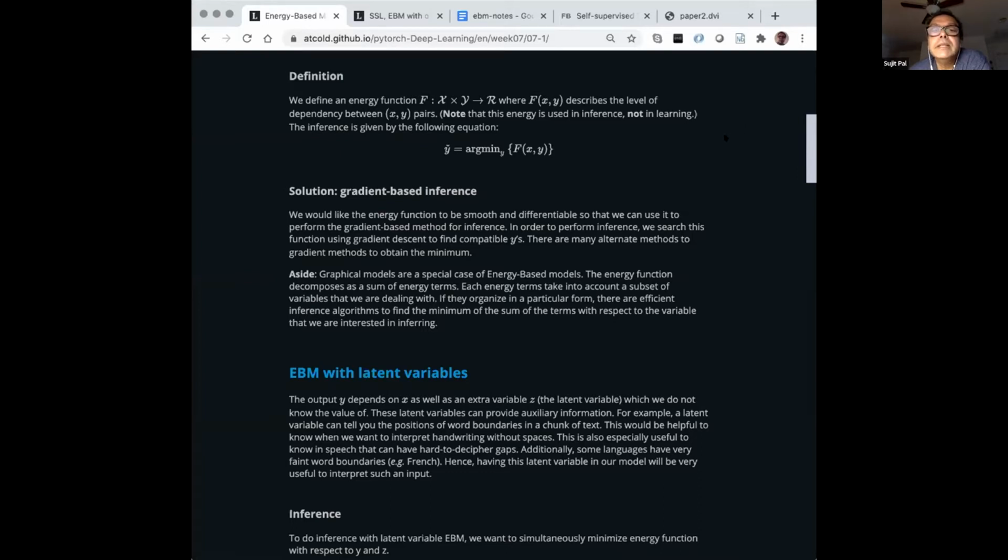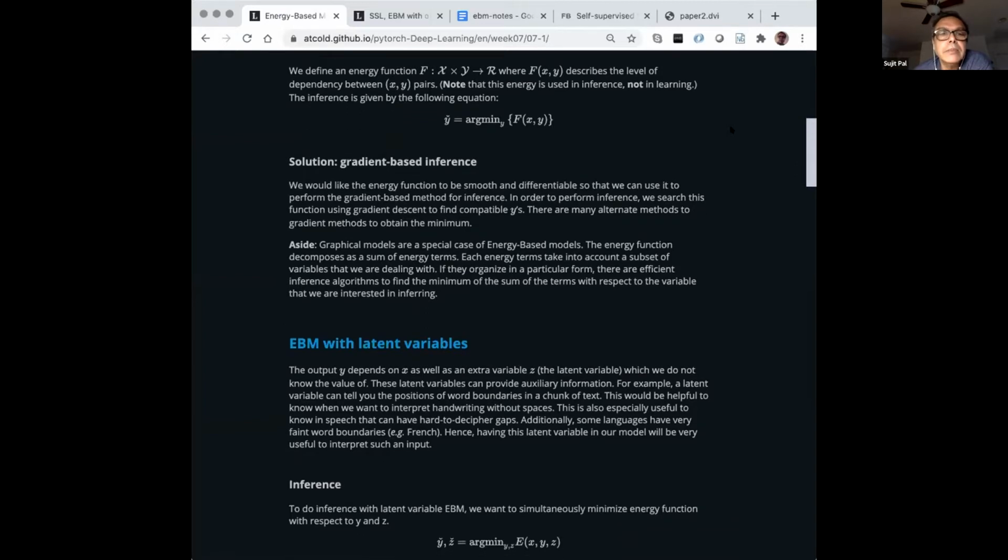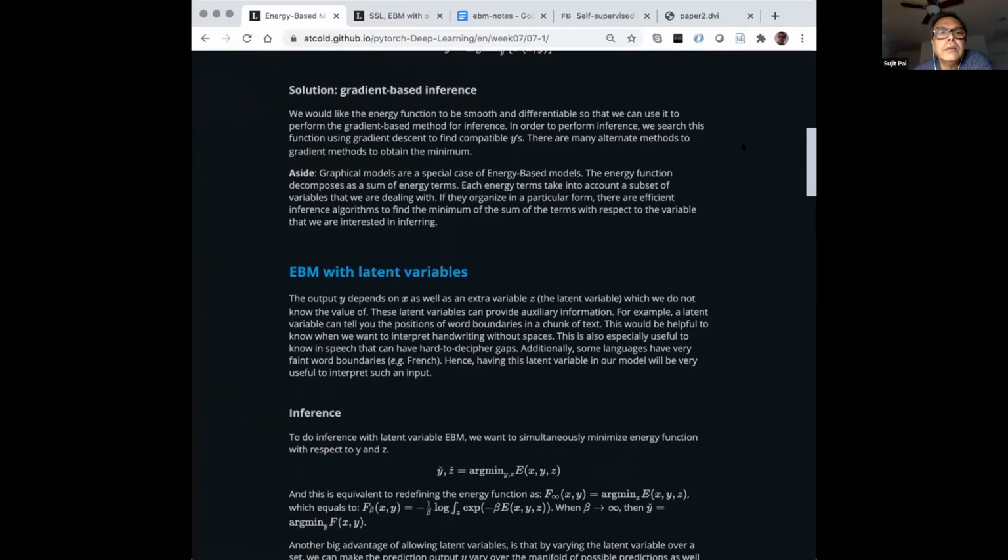And he says energy is inference, not learning. We will see that later when he talks about learning. But initially, his focus is on inference totally, right? So again, the gradient-based inference is that S-shaped example he goes on with. If you clamp one, then you can do gradient-based methods to find out what each of the y values are for the given clamped x, right?